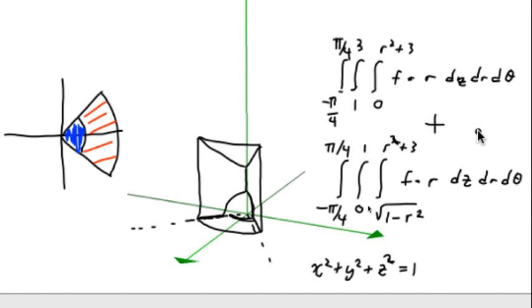Yes, please? So why is the radius in the second triple integral 0 to 1 if the shape is outside that sphere? Because it's the projection into the xy plane. The solid is outside the sphere, but we still take that solid and flatten it down in the xy plane.